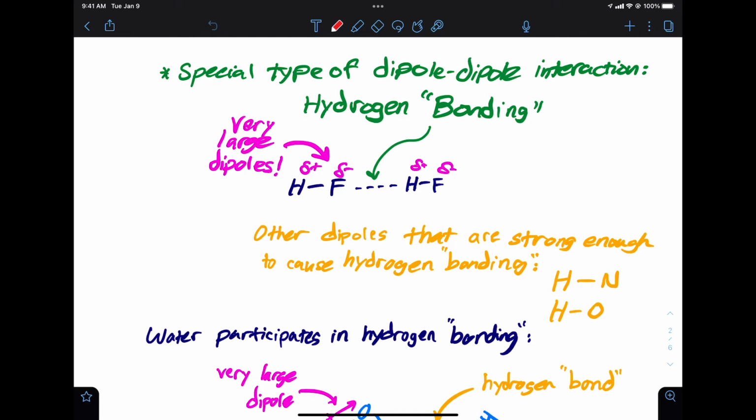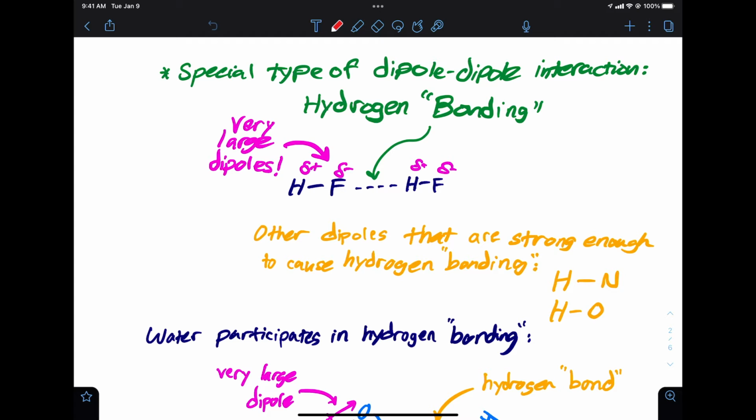The atom that wants electrons the least bonded to the atom that wants the electrons the most. Okay, so if you have a dipole-dipole interaction between two HF molecules, that's going to be pretty much the strongest type of dipole-dipole interaction, and we call that a hydrogen bond.